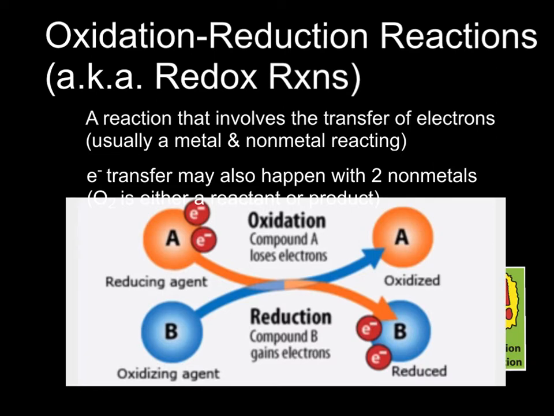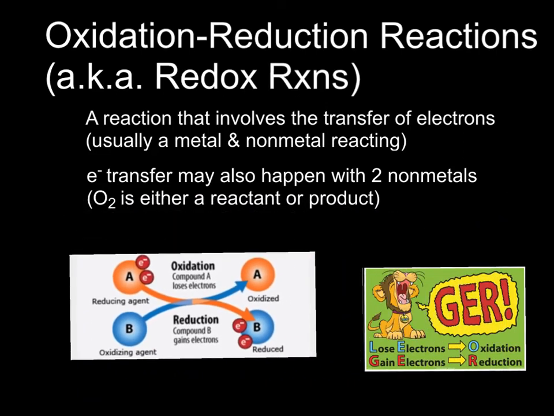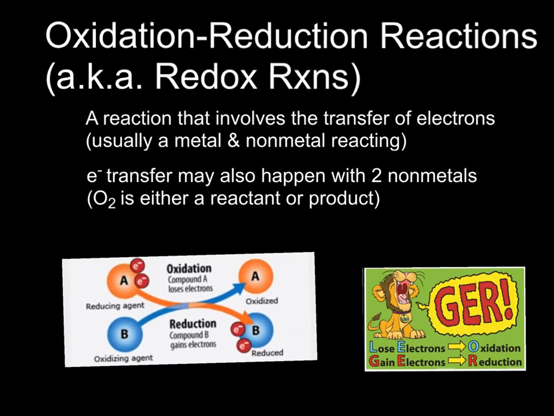And actually, while it is the reducing agent, when it loses its electrons, it becomes oxidized. And element B is what we call the oxidizing agent. He gets reduced when he accepts the electrons through the reaction. I'm going to show you this on the next slide, but this is a nice little synopsis of what is happening.